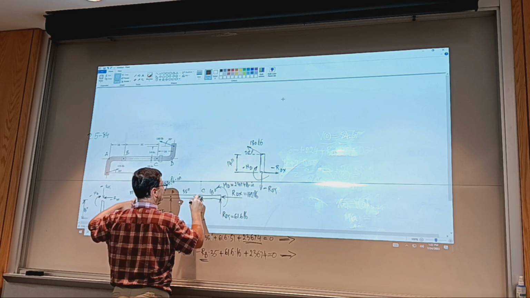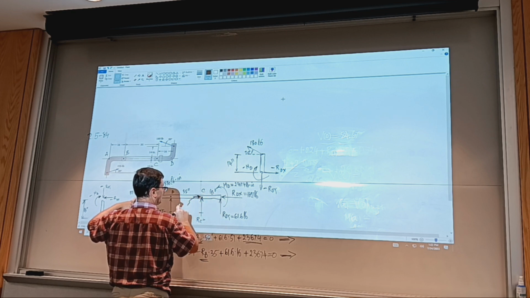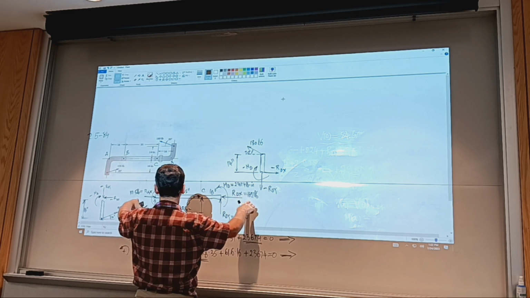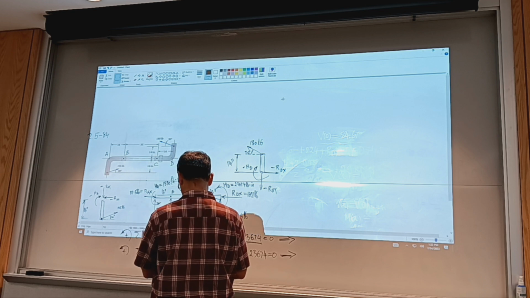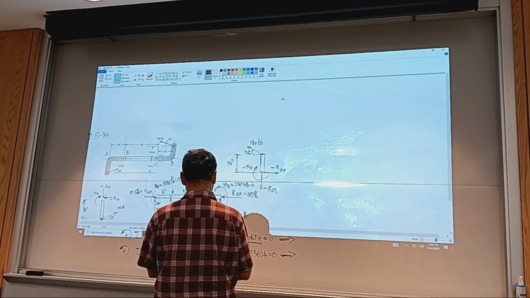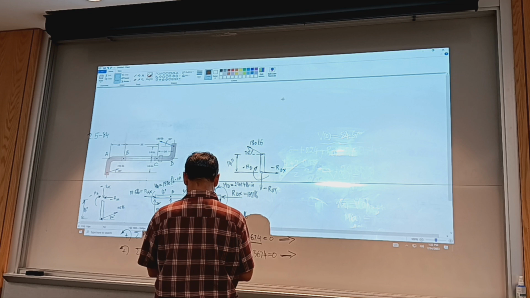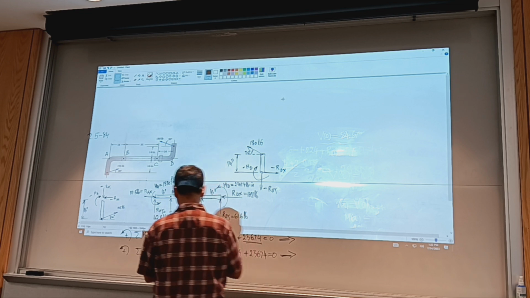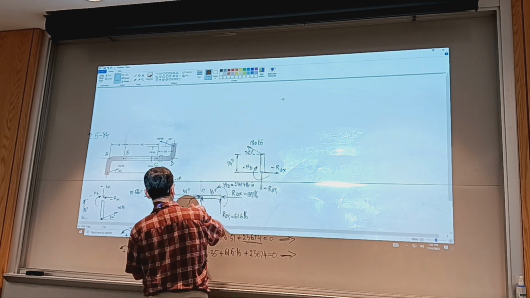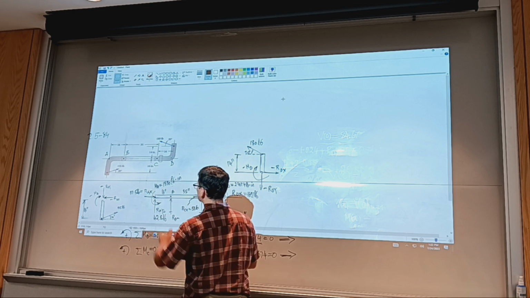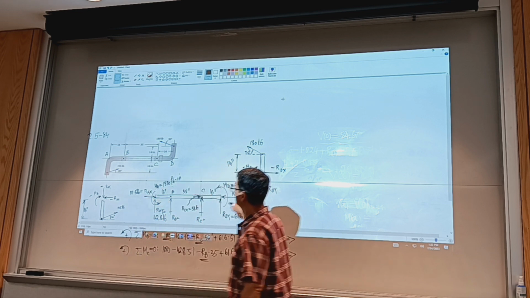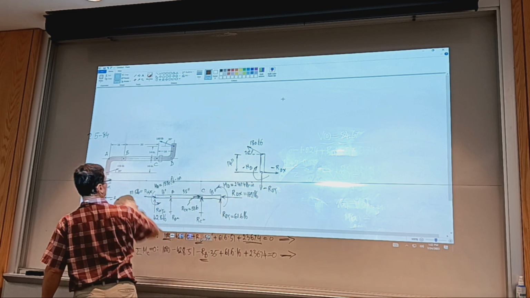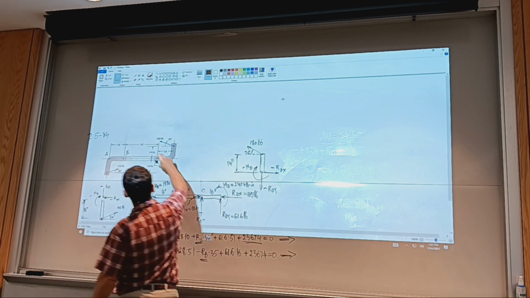So here RC horizontal is going to be the difference between these two. So I say 117.5 negative 169.1 equals 51.6. Does it make sense? So this force plus this one here counteract this force here. This comes from the external force. This is the bearing force.